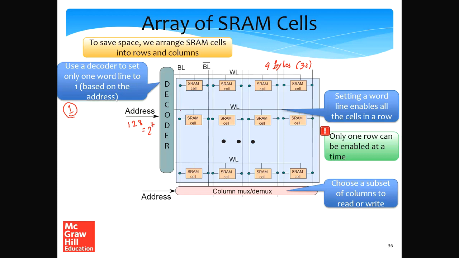What can be done is that we can send a 7-bit address, and the 7-bit address can be used in the decoder to set one of the word lines to 1 and the rest will remain 0. Let us assume that this word line gets set to 1, which means that this entire row gets enabled and the SRAM cells in the other rows are disabled. Mind you, only one row can be enabled at a time.